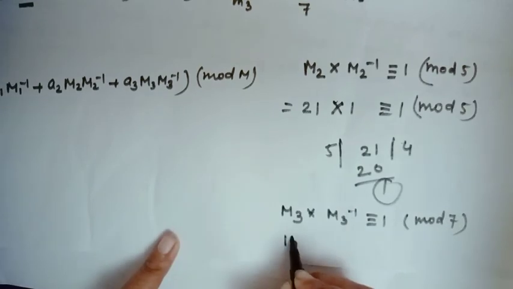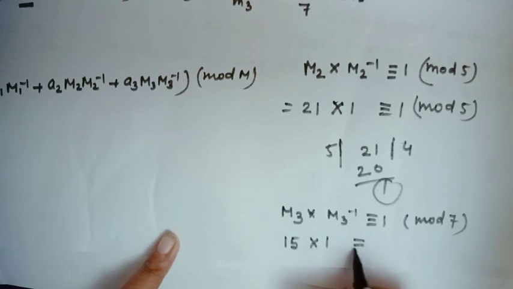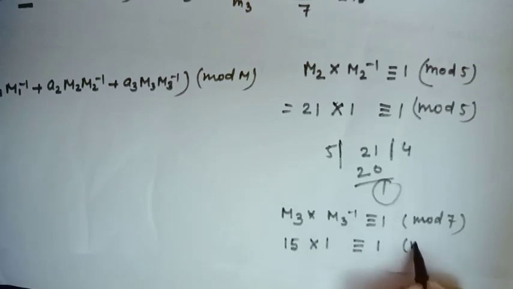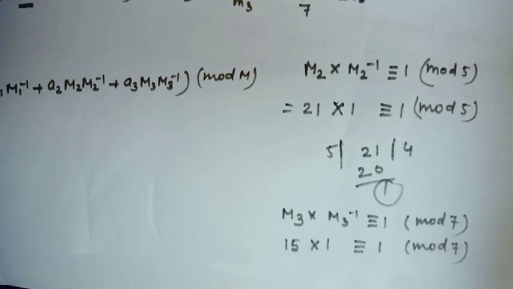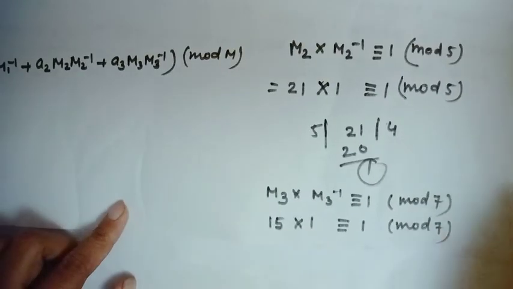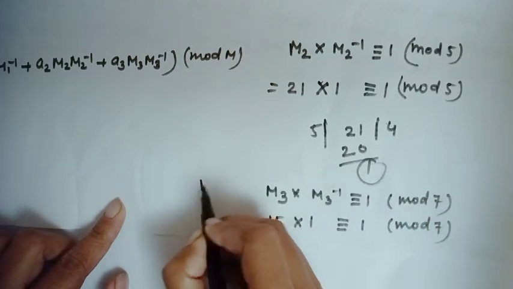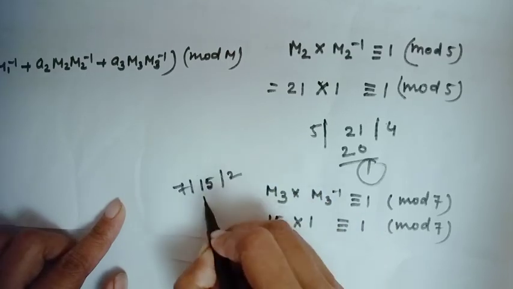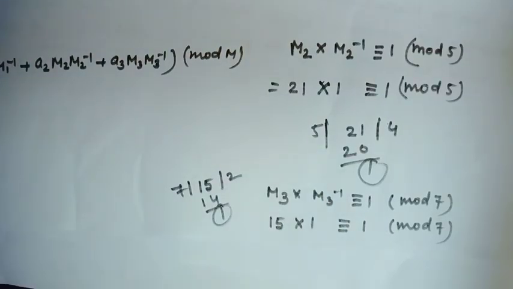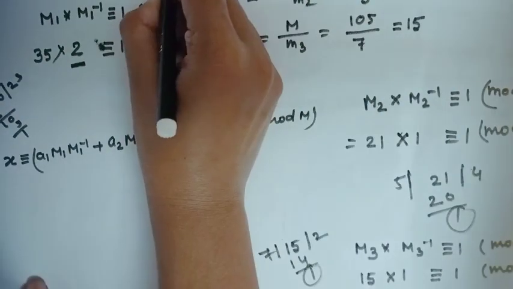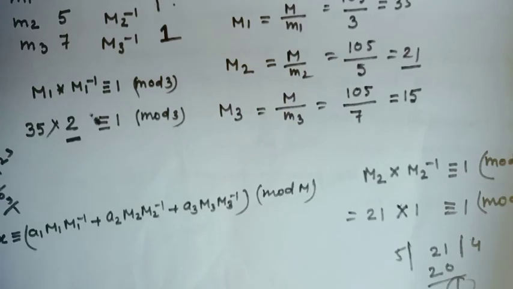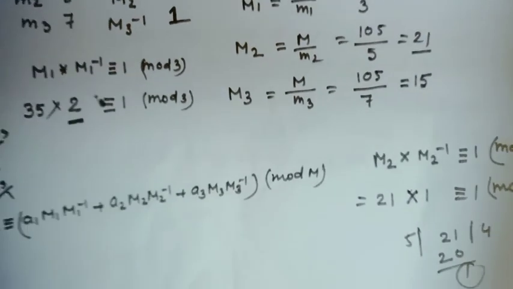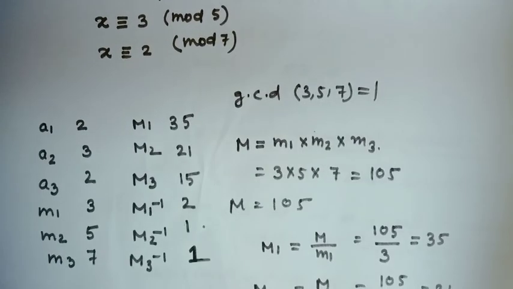This is 15, and 15 divided by 7 leaves remainder 1, so M3 inverse also equals 1.